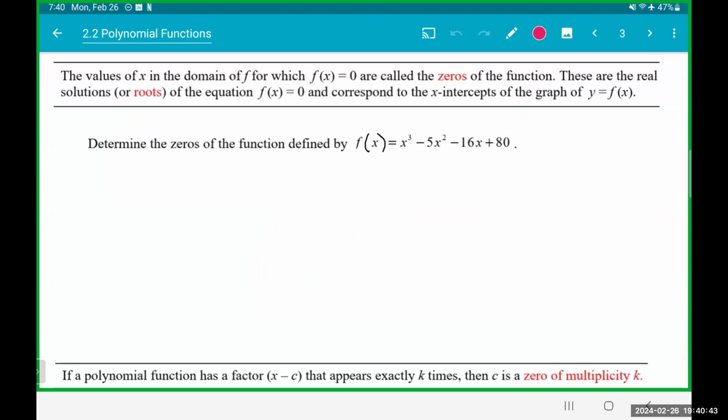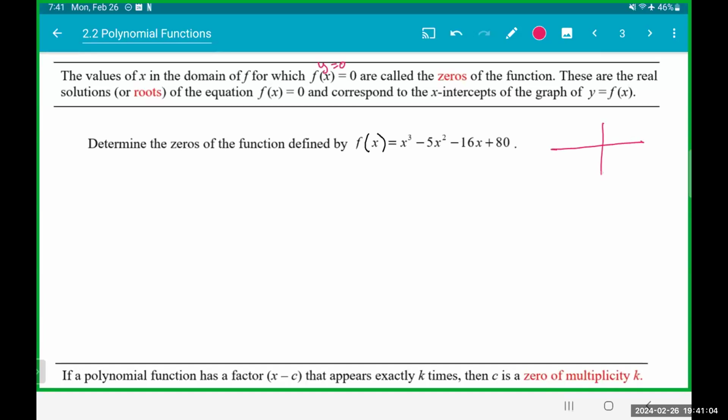Okay, so the values of x when we have f of x equal to 0, that's called the zeros of the function, right? It's a 0 of the function because essentially this is y equals 0.